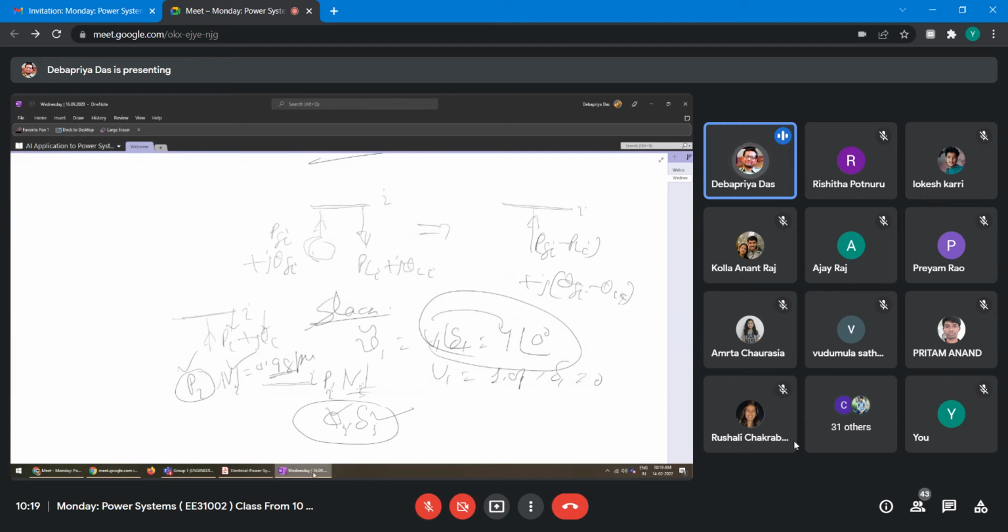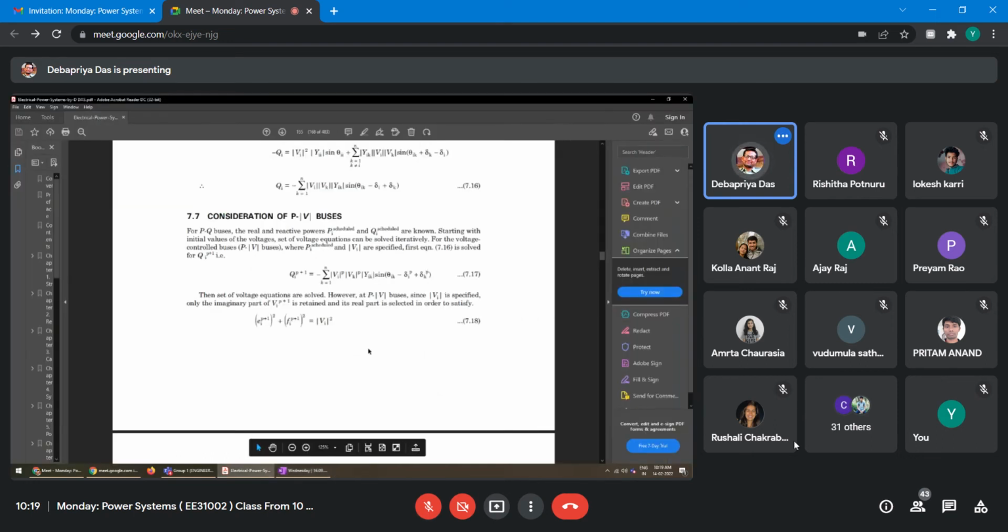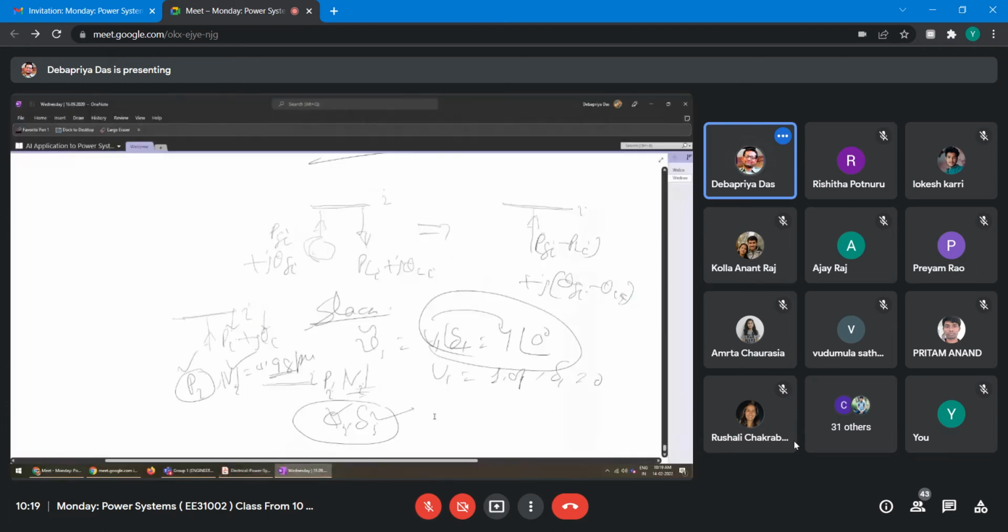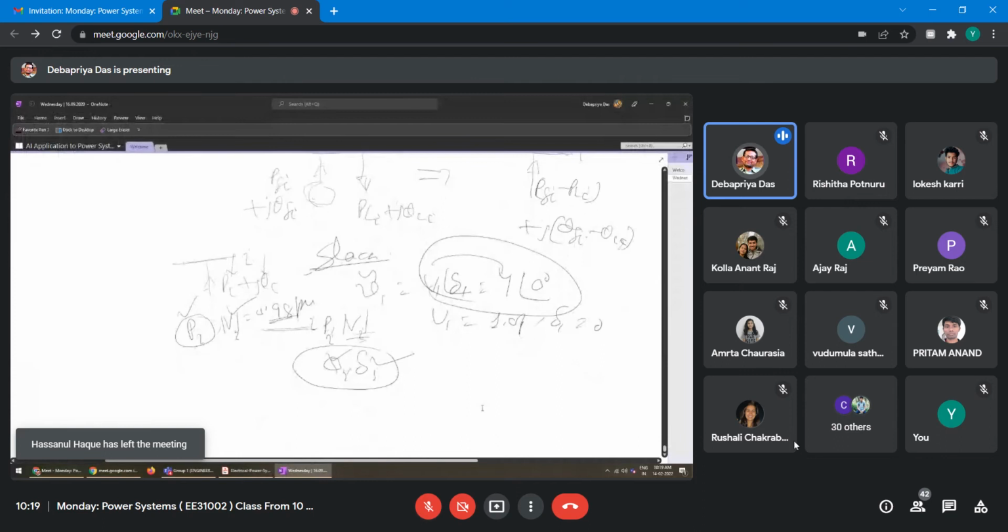So how do we handle this PV bus for load flow studies? Generally, for a PQ bus, the real and reactive power are known, and numericals will come later. For example, suppose in a bus bar this is your generator.